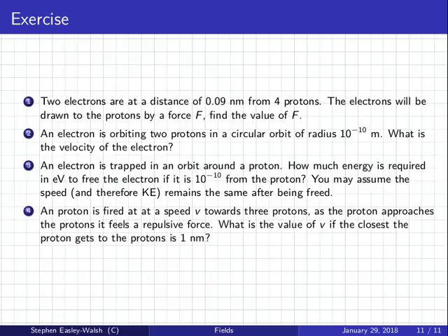Actually, you have to separate that. Separate what? Just separate the 10 to something part from the other part.